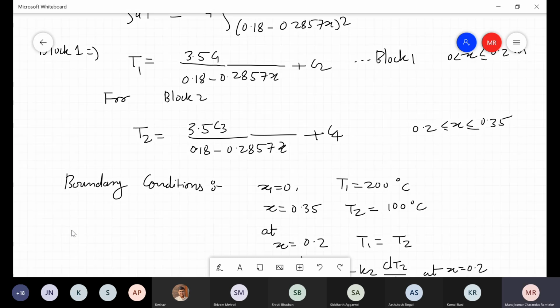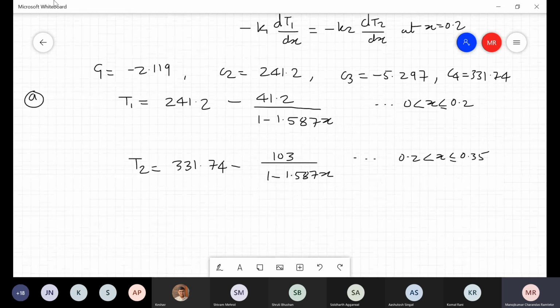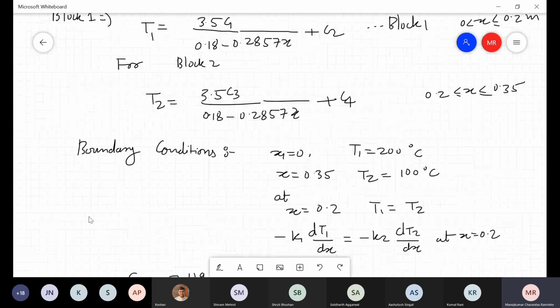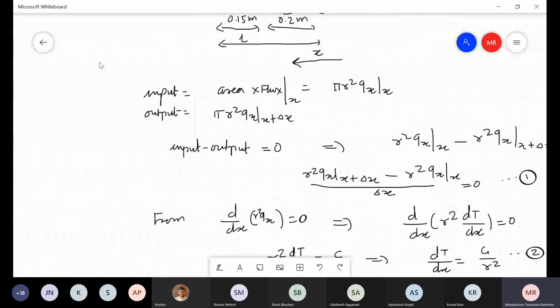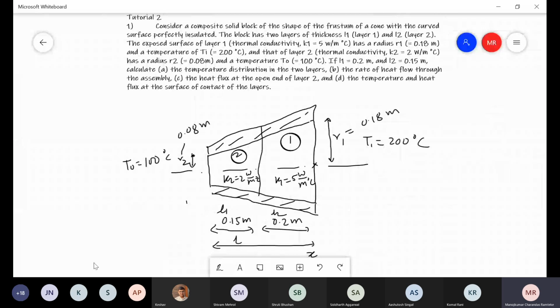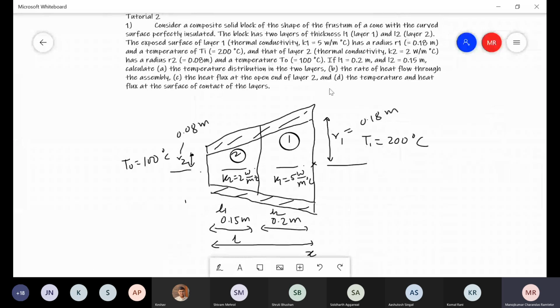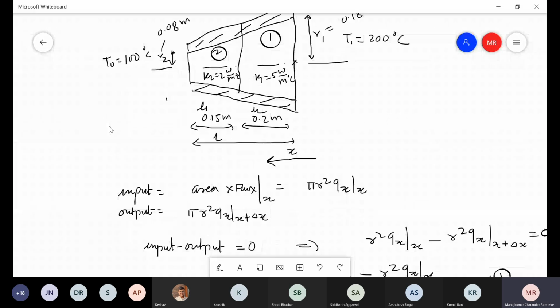Okay, so that is the answer of part A. If you go back and look at the problem statement for part B, in part B we have to find out the rate of heat flow through the assembly. So we have to find out capital Q. So how can we find out Q from this?